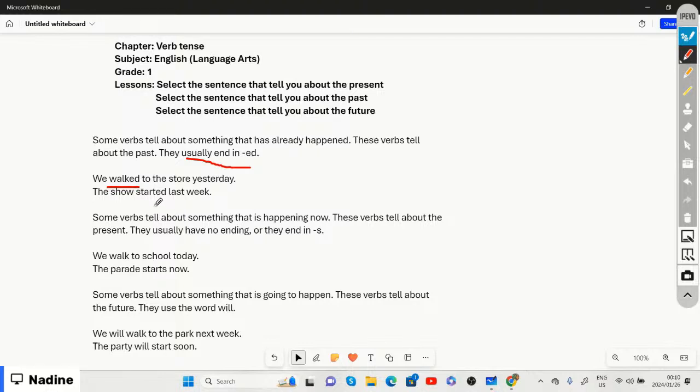And the show started last week. So that is two examples of verbs that tell us about the past. And like we say, it ends in ed.